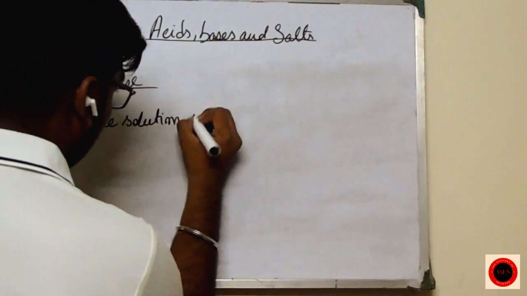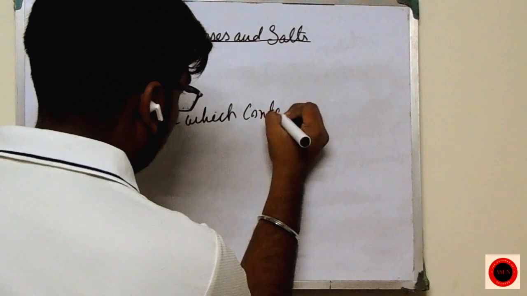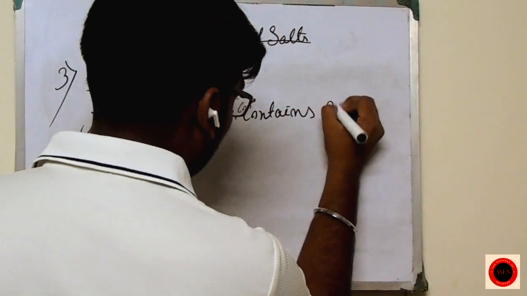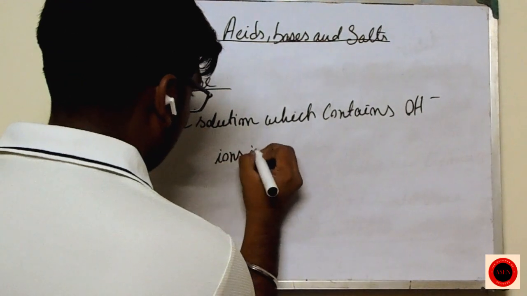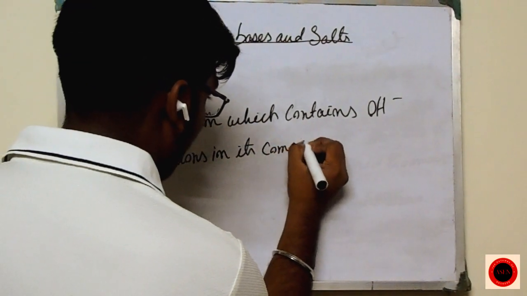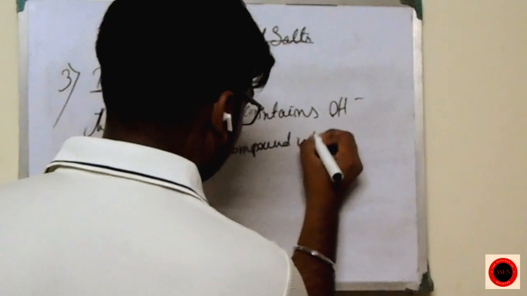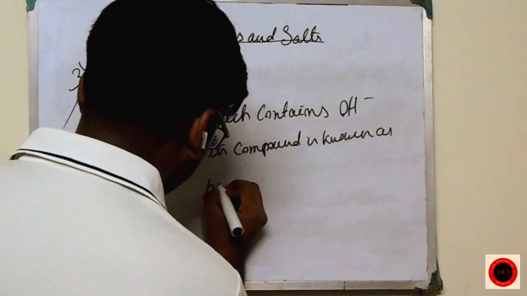The solution which contains OH minus ions in its compounds is known as a base.